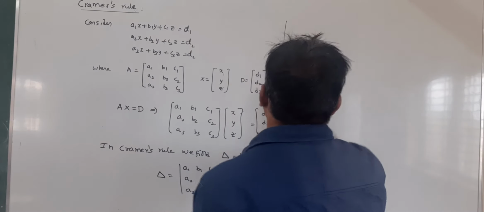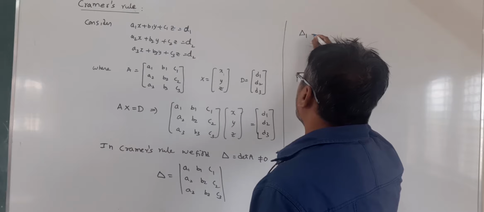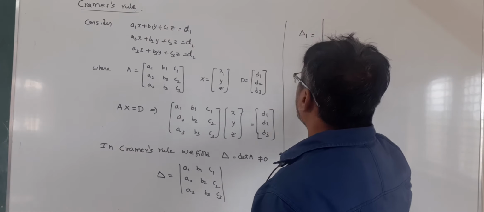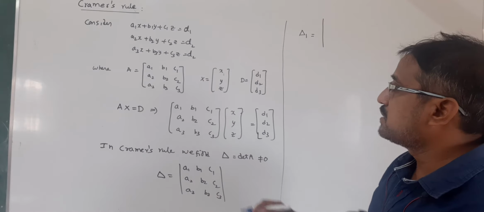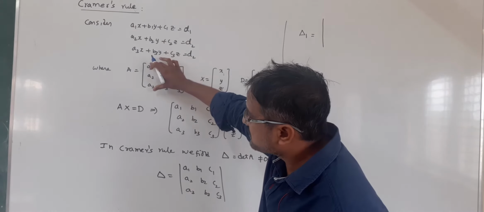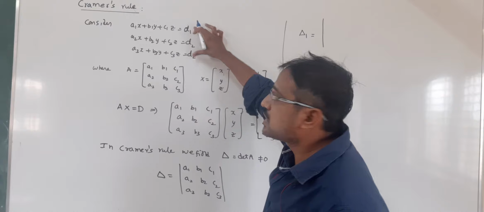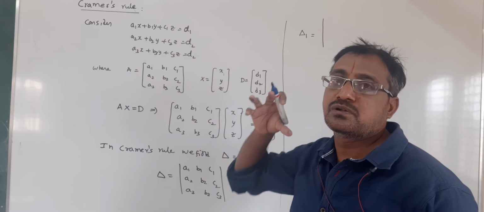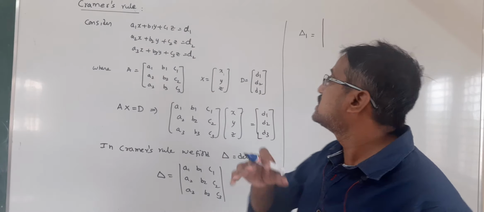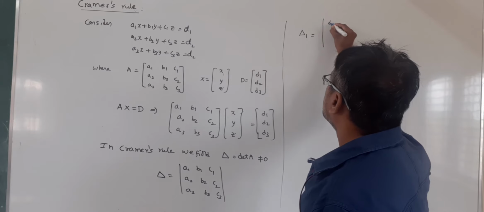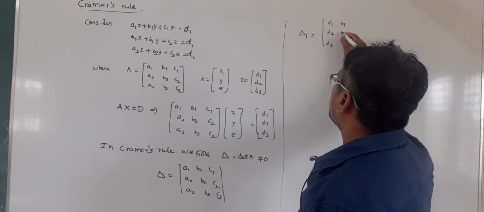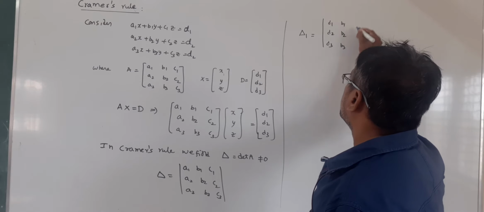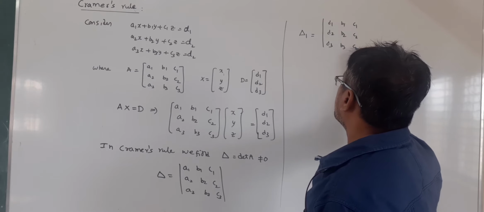Now, further you need to find delta 1. Delta 1 is the determinant of the matrix obtained by replacing the first column with the constant matrix. So you replace the first column with d1, d2, d3, keeping b1, b2, b3, c1, c2, c3.